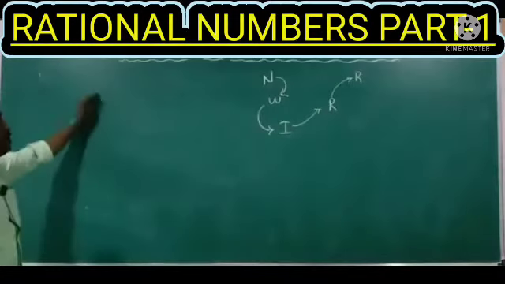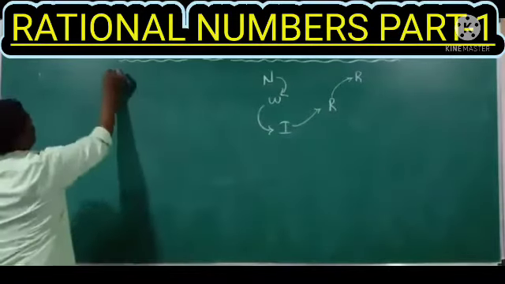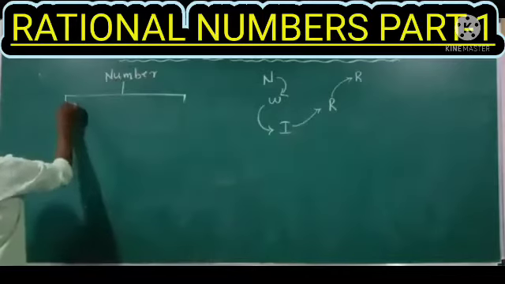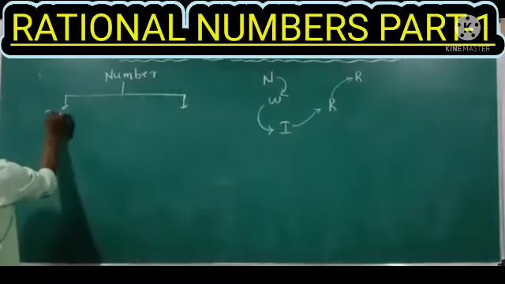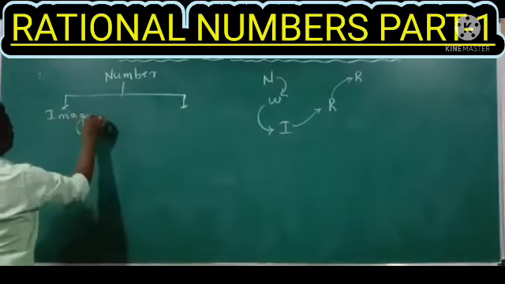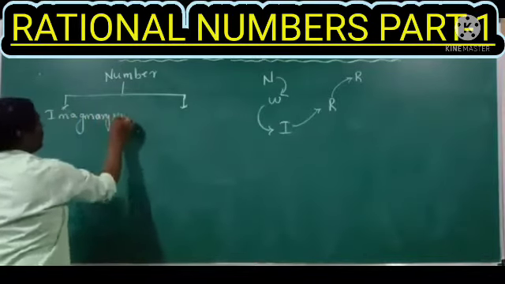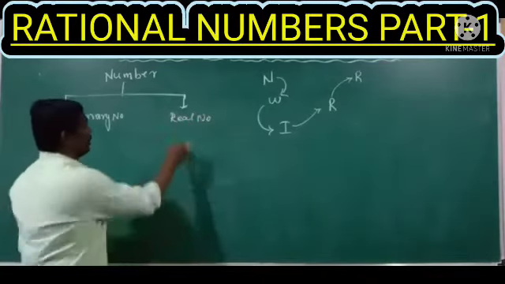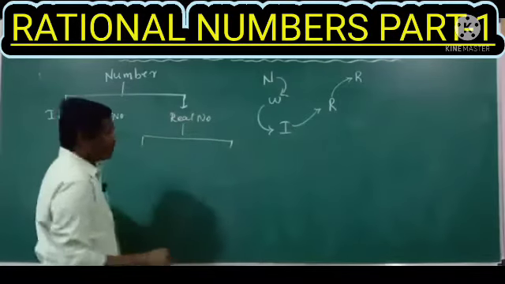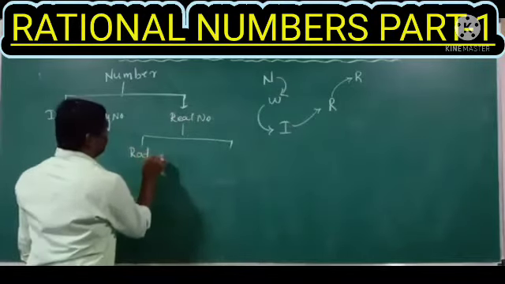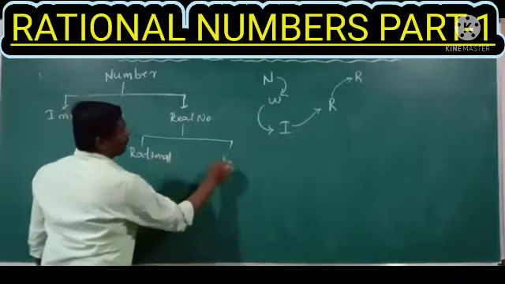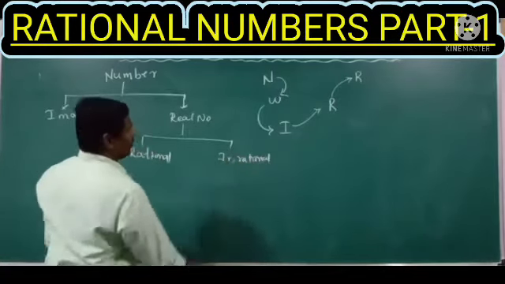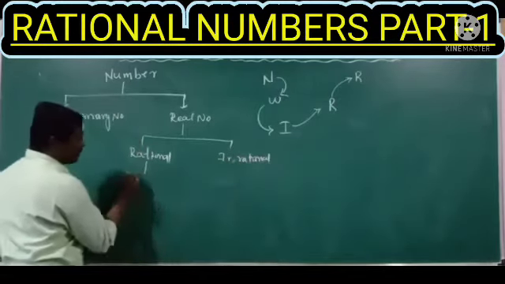But symbolically, we represent it like this: the first one is a number, which is classified first into imaginary numbers and real numbers. And these real numbers are again classified as rational numbers and irrational numbers.